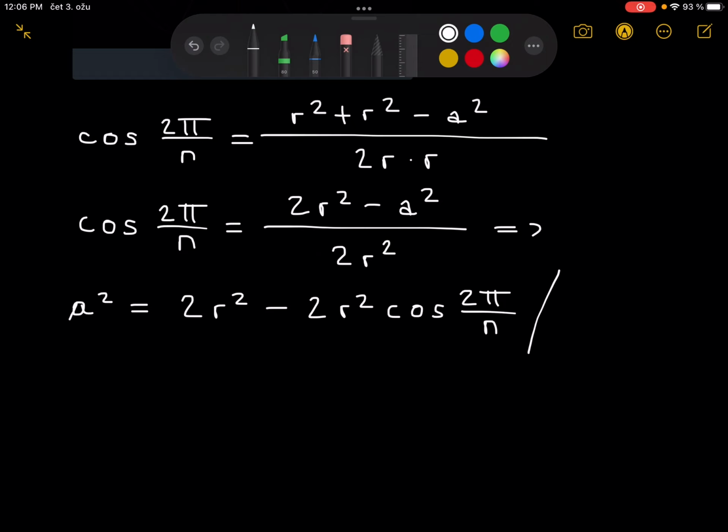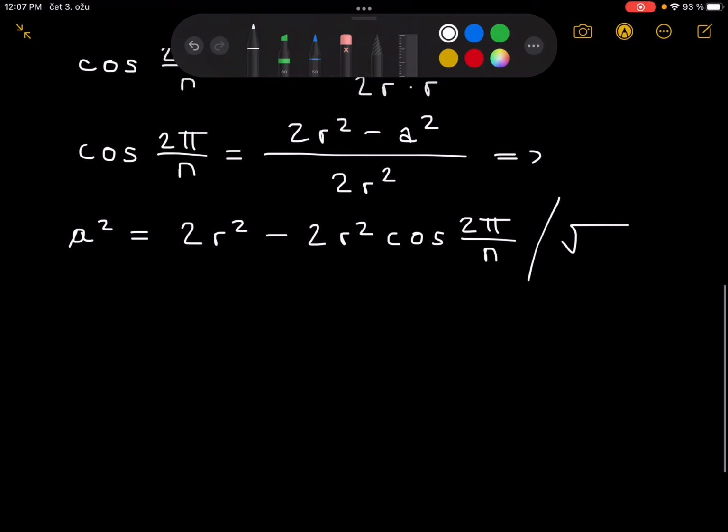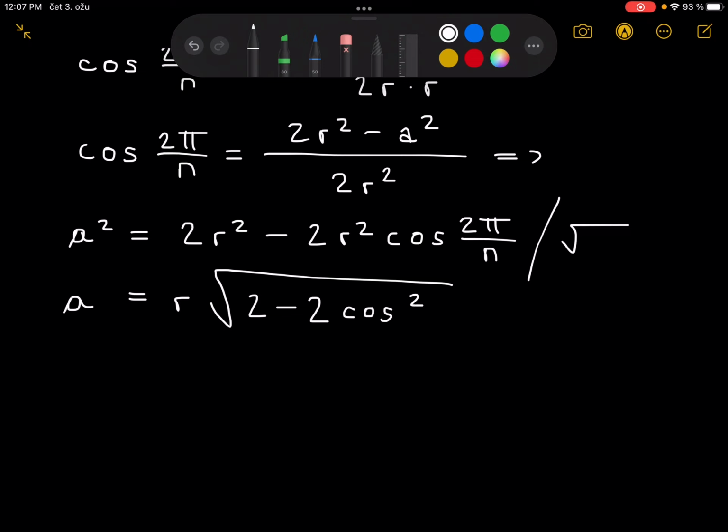And once we take the square root of both sides, we get that a, it's not squared anymore, a is equal to r times the square root of 2 minus 2 times cosine of 2 pi over n.